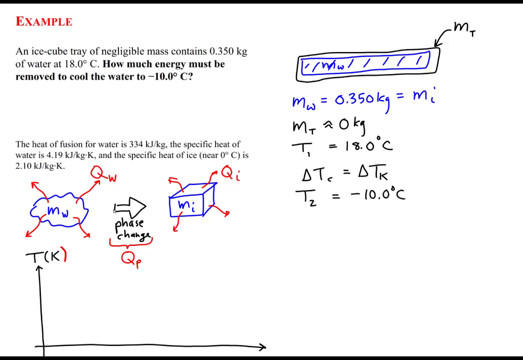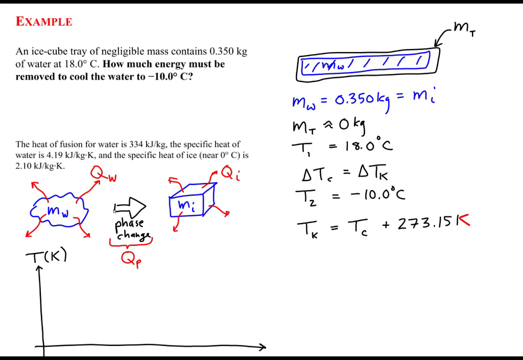And remember, Kelvin and Celsius are related by the relationship that a Kelvin temperature is equal to a Celsius temperature plus 273.15 Kelvin. So a temperature on the Kelvin scale is just shifted upward from the Celsius scale.